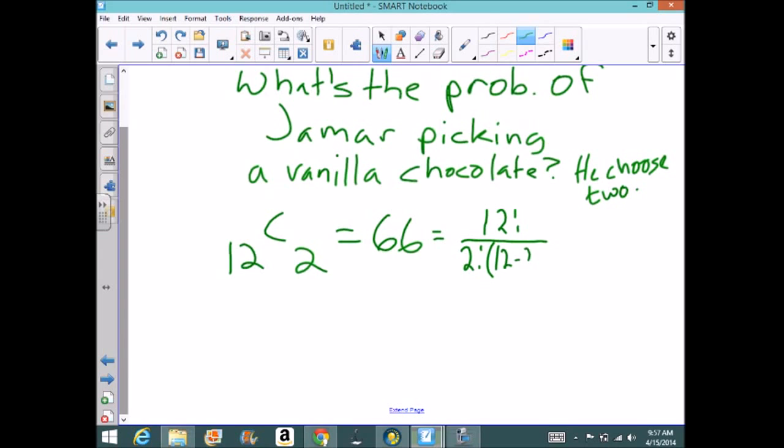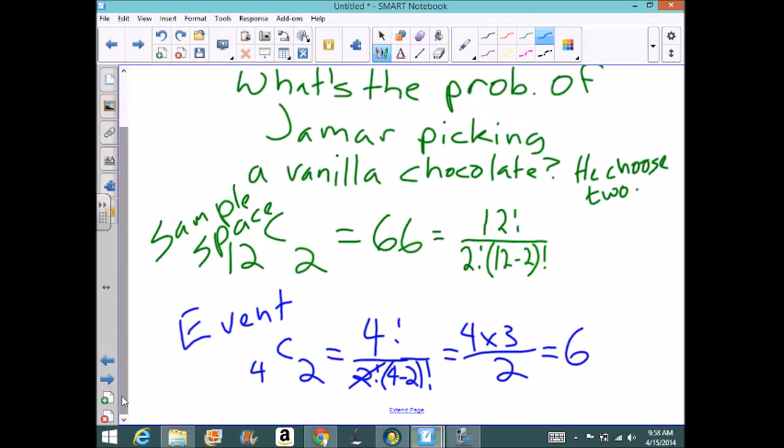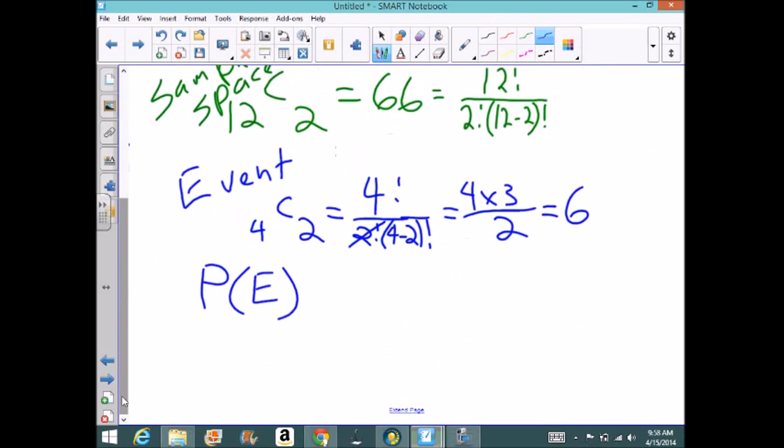And so remember that we're going to have 4 vanillas and we're going to choose 2 of them. So the total outcomes of the event occurring will be 4 choose 2, which is 4 factorial over 2 factorial times the quantity 4 minus 2 factorial, which is 6. So the probability of this event occurring is 6 over 66, or 1 over 11.